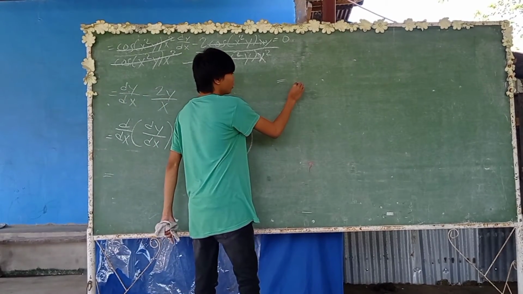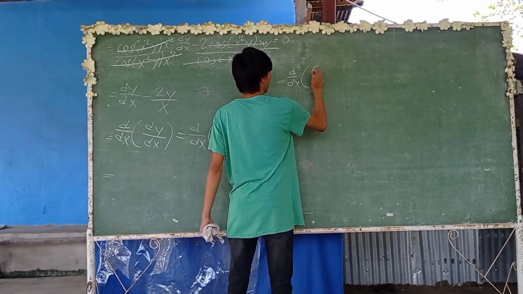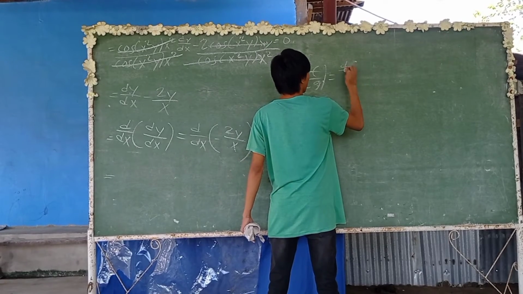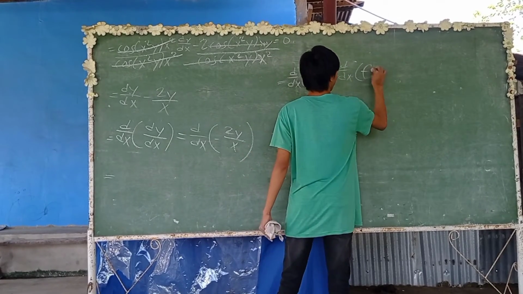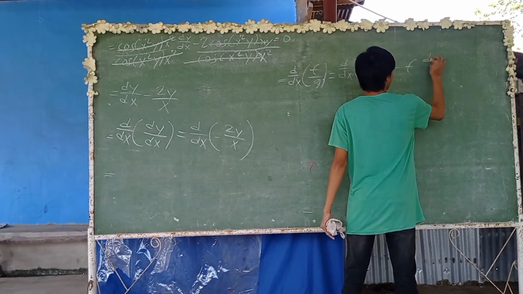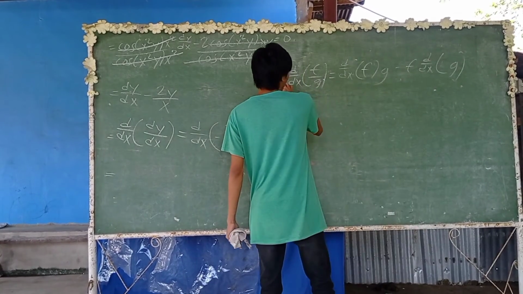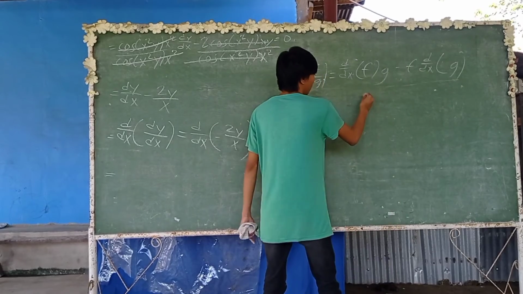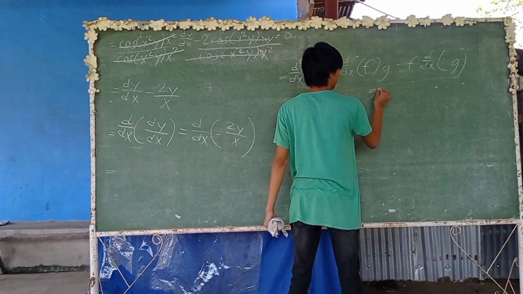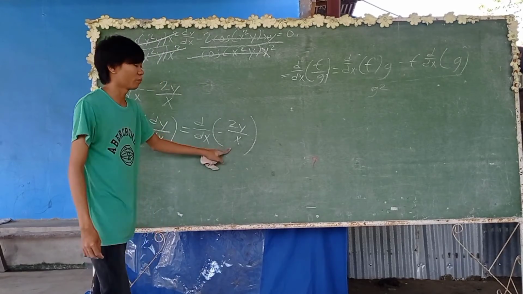The quotient rule is like this: d over dx of f over g is equal to d over dx of f times g minus f times d over dx of g, over g squared. So this is the formula that we're going to use in this problem.